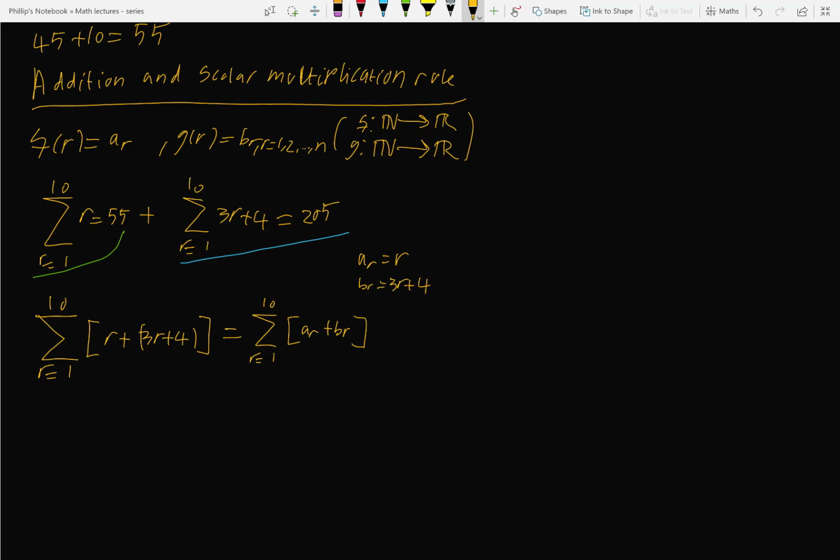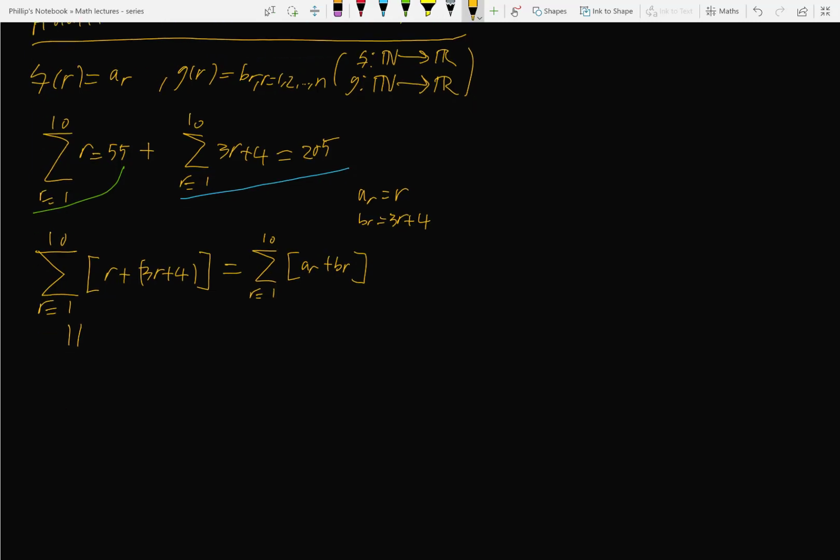But ignore that, this is going to be equal to the sum from r equals 1 to 10 of r plus the sum from r equals 1 to 10 of 3r plus 4, and I'll explain why that is right now.